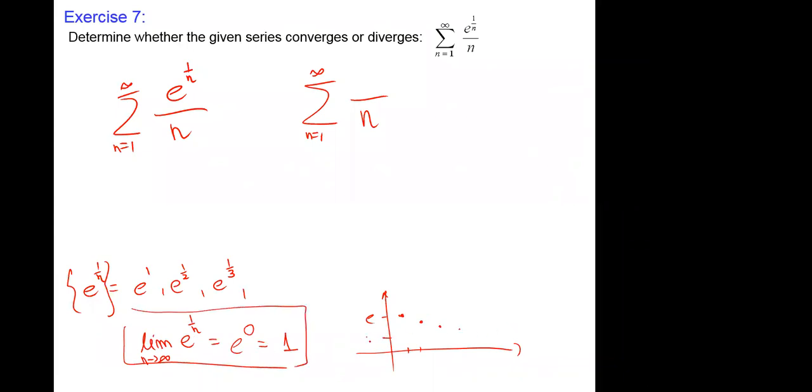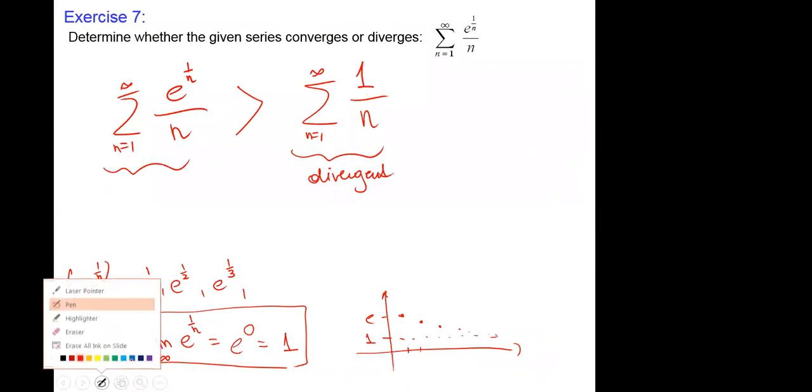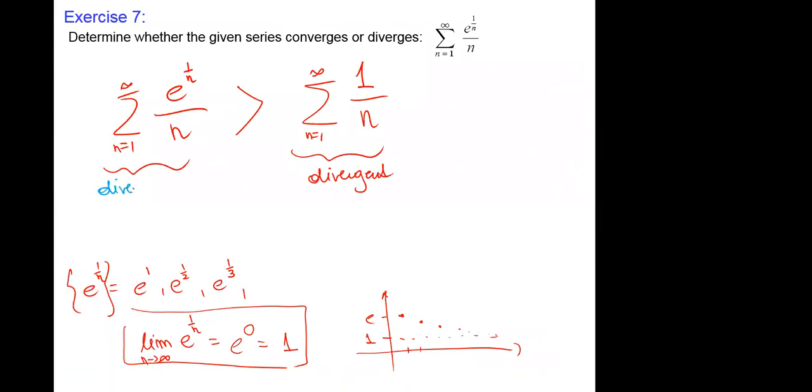That means the terms at infinity are not going to be lower than 1. I can say all of the terms of that sequence are greater than 1. Perfect, I do have divergence. Everything that is bigger is also divergent. It diverges by direct comparison test, and we are comparing with 1/n.